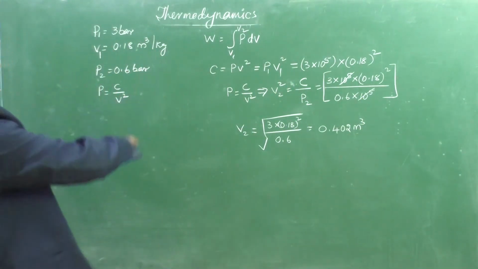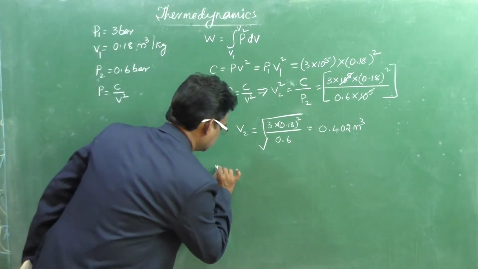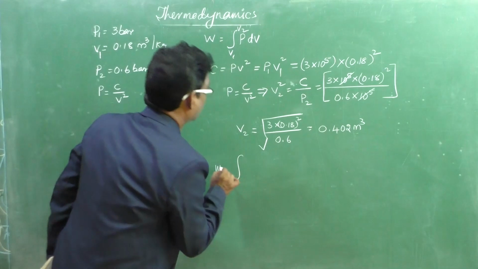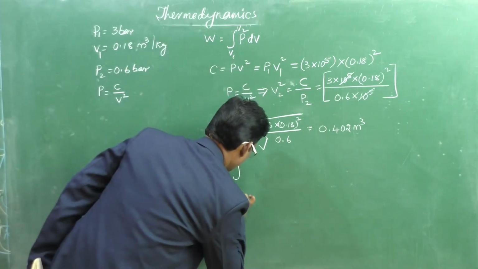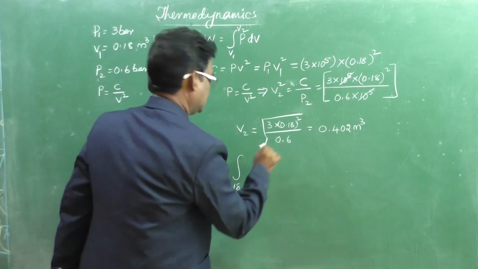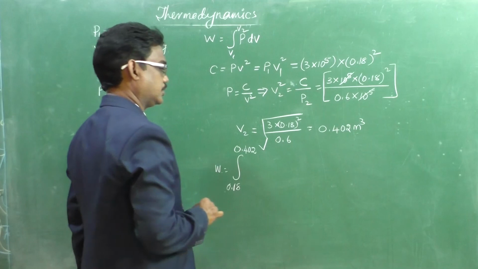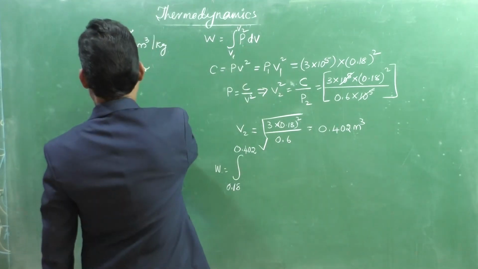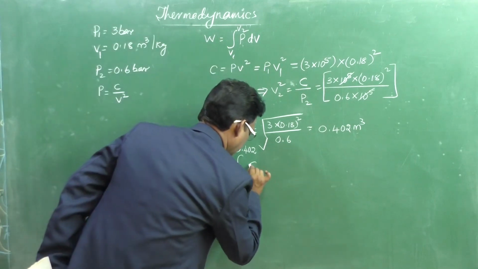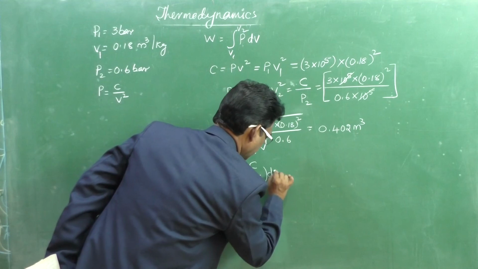Now you can substitute these values. W is equal to integral V1 0.18, V2 0.402. Next, pressure equation you can write C by V square, C by V square dV.